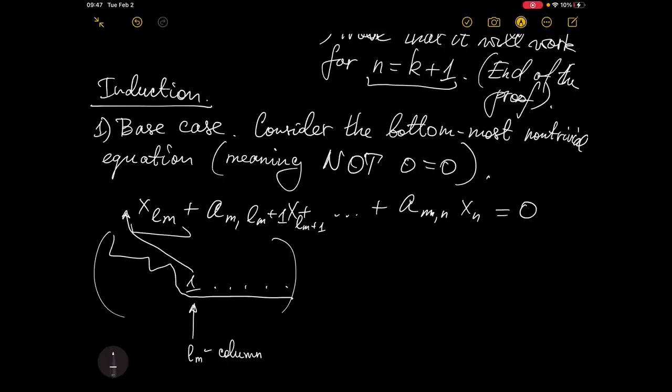And then here you have the first coefficient, then the next one, and this is the last coefficient, right? Because it's a homogeneous system of linear equations, the right-hand side is equal to 0. So this is what you will get.